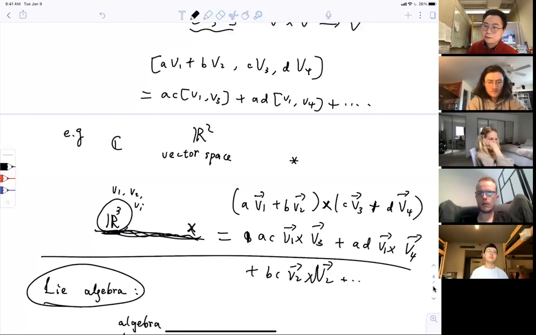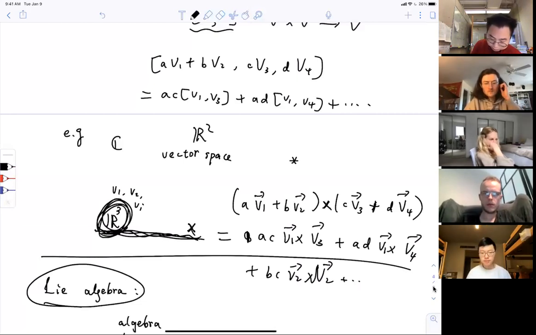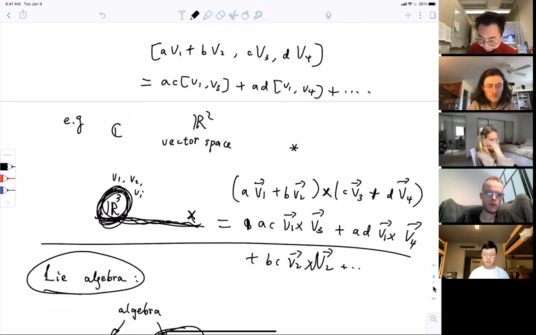This is bilinear, and your elements are in a vector space, so it's an algebra.